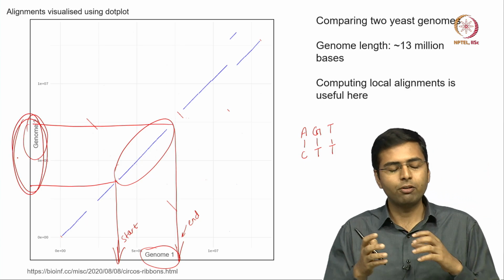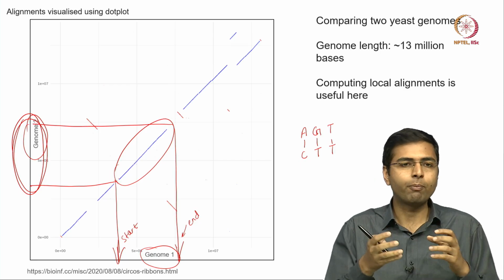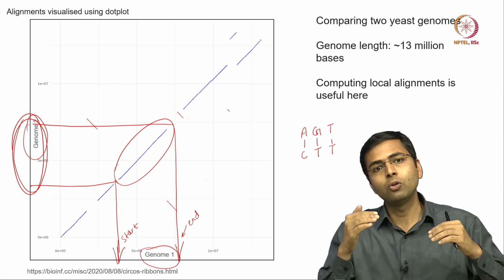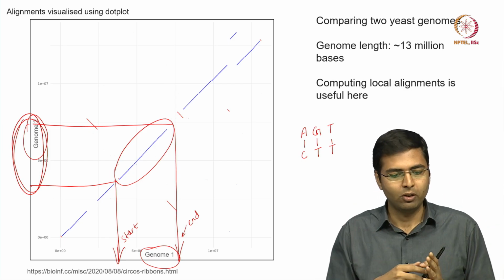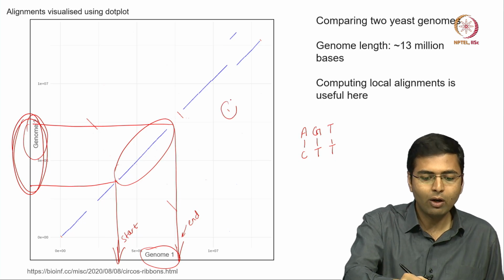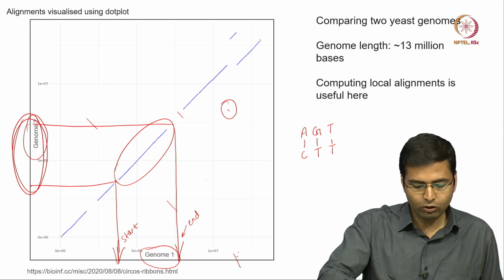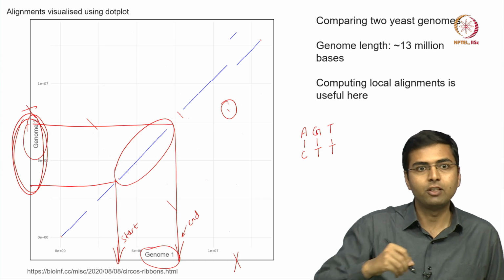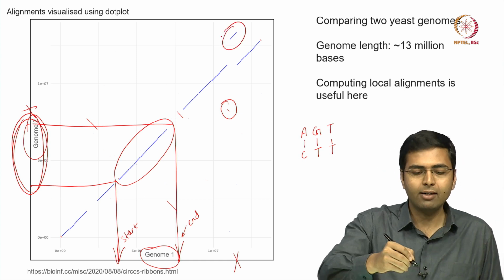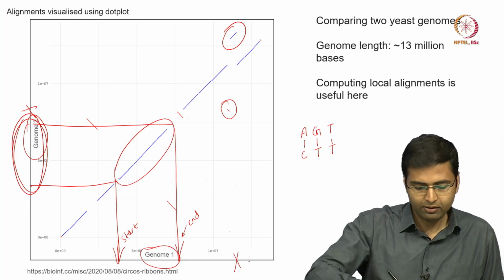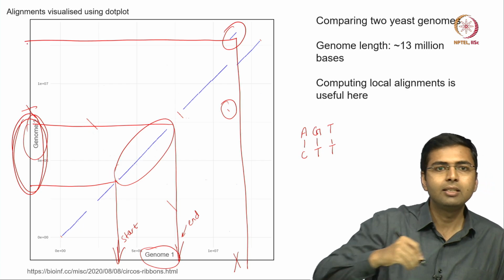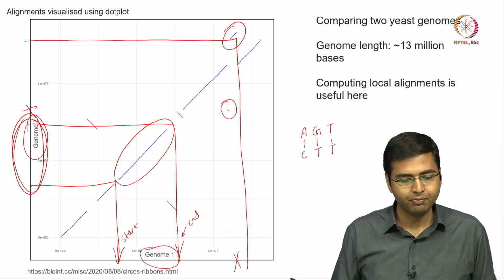So this is a dot plot visualization in a matrix format in some sense, and it is showing you what regions of genome 1 align to what regions of genome 2, and you can already see some local patterns of alignment. For example, this is showing you a local similarity between this region of the genome to this region of the genome. Similarly, this is again a local similarity pattern between this region of the genome to this region of the genome too, and so on.